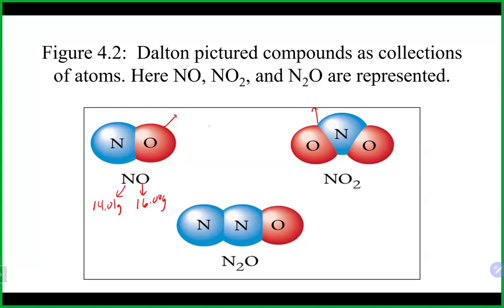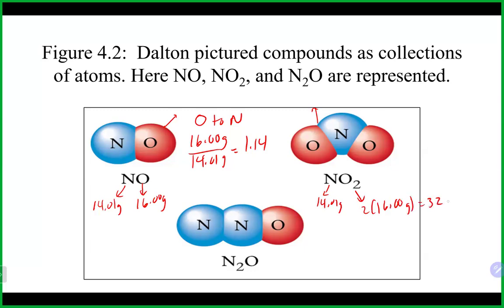And if you do the relationship of, say, oxygen to nitrogen in mass, you take 16 grams divided by 14.01 grams, that gets you something like 1.14 ratio. Now, if you take NO2, which is 14 grams for nitrogen, 2 times 16 grams, since we have two oxygens here, gives you 32 grams.